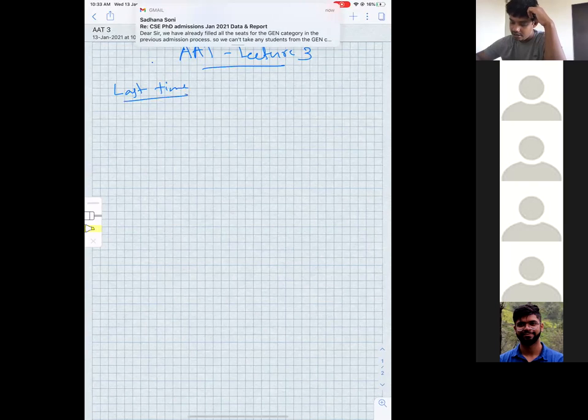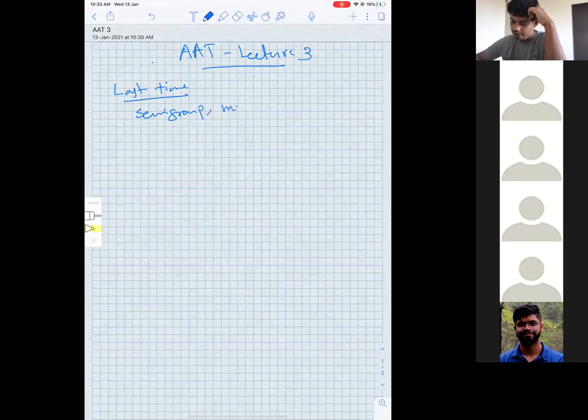So last time we saw what is a semigroup, what is a monoid, what is a group, etc. And we also looked at what zeros of a semigroup.